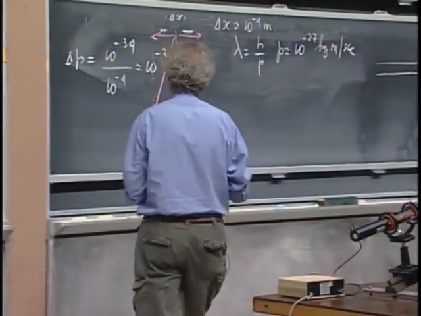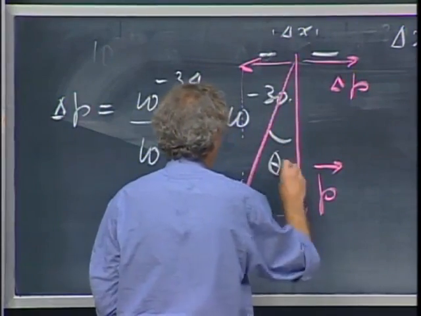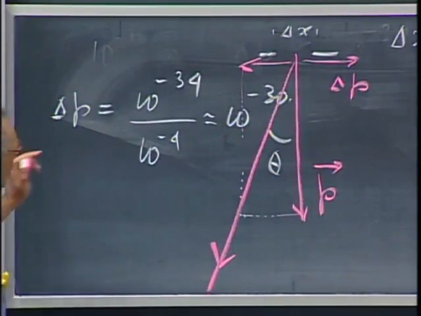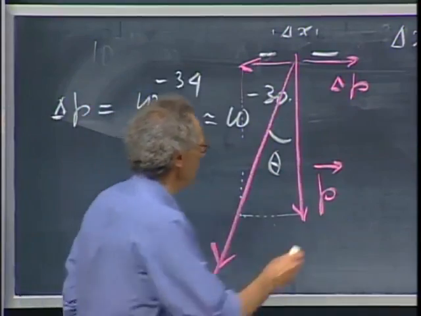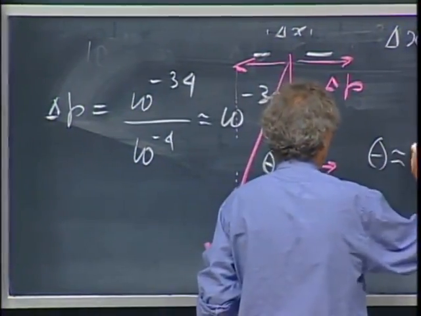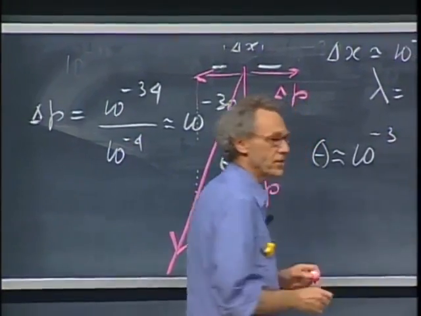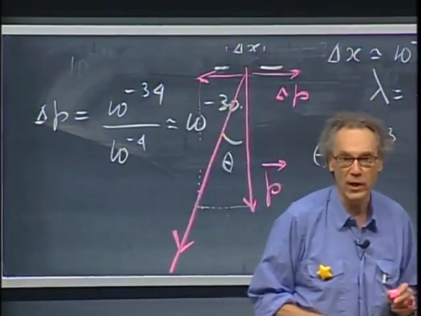So this angle theta can now be calculated very roughly. Theta is obviously delta p divided by p. So theta is very roughly 10 to the minus 3 radians, which is a 15th of a degree.